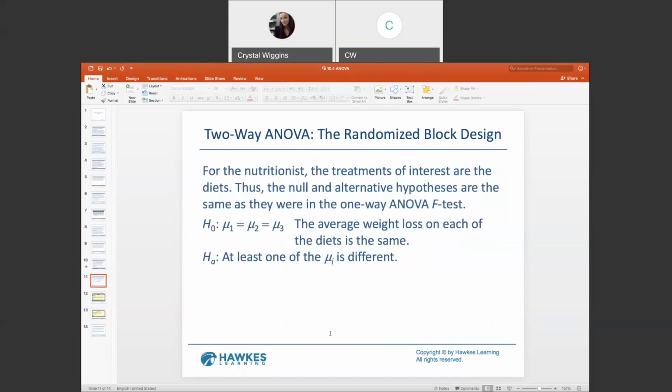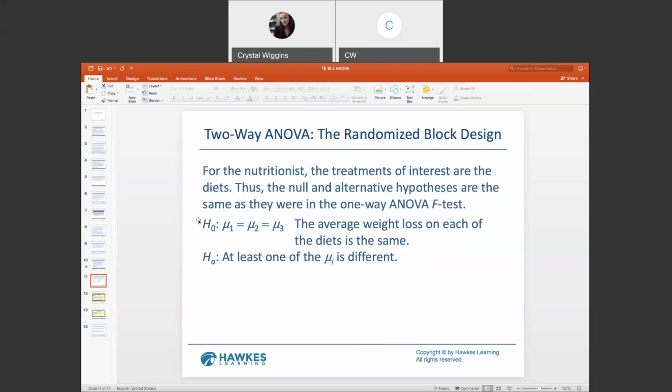So now we set up our hypothesis. So for the nutritionist, the treatments of interest are the diets. Okay, so we are actually testing the diets and whether there is a significant difference between any of them. So the null and the alternative hypotheses are the same as they were with the one Anova F test.